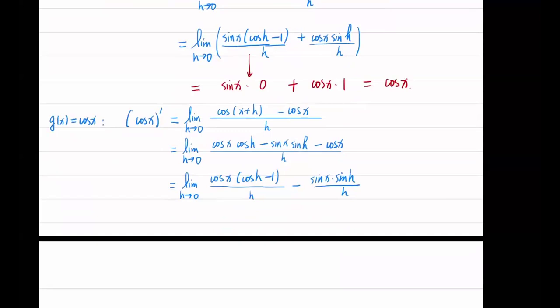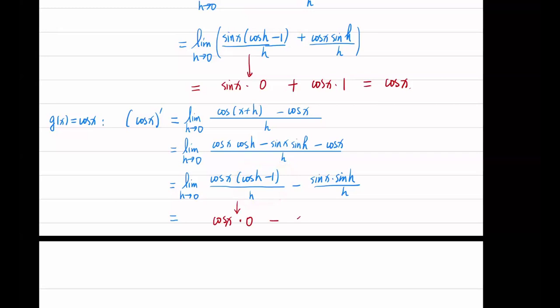Okay, now we want to find out what's the limit. Sophia, what's the limit of the first one? Cosine stays the same. The limit of this is 0. Nice.